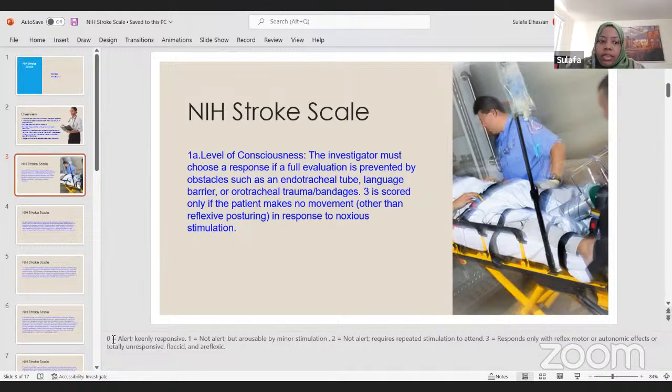And if you can see my notes here, this is the key for reporting. 0 is alert, fully responsive. 1 is not alert but arousable by minor stimulation, like if you start to talk to him or you just touch his leg or arm and he starts to respond, then you can give him 1 point. 2 is not alert, requires repeated stimulation to attend. And give 3 if he responds only with reflex motor or autonomic effect, or is totally unresponsive, flaccid, and areflexic.